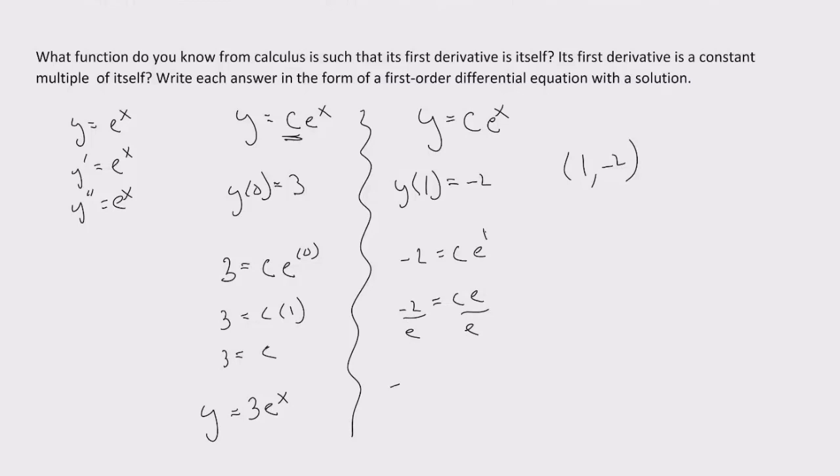And I'm going to take advantage of some exponent rules here for a second, because that's a valid number. So -2e to the -1. So my specific differential equation with that new condition would look like this. Hopefully that gets a quick sense as to how initial conditions can impact the type of solution we have.